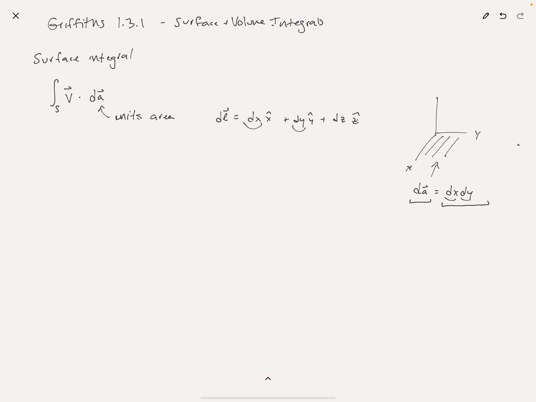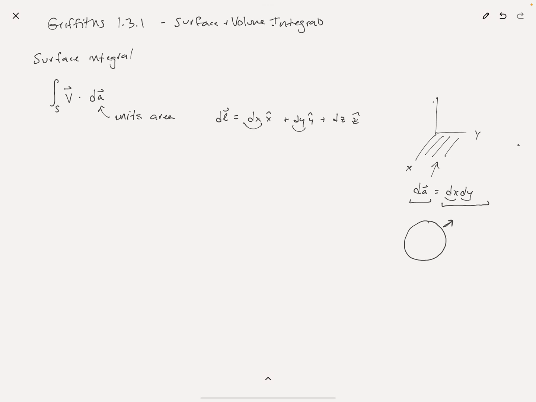And the way this is done for closed objects specifically is that this vector points out of a surface. Okay, so it's a little bit arbitrary what the choice is for something that is a two-dimensional sheet.